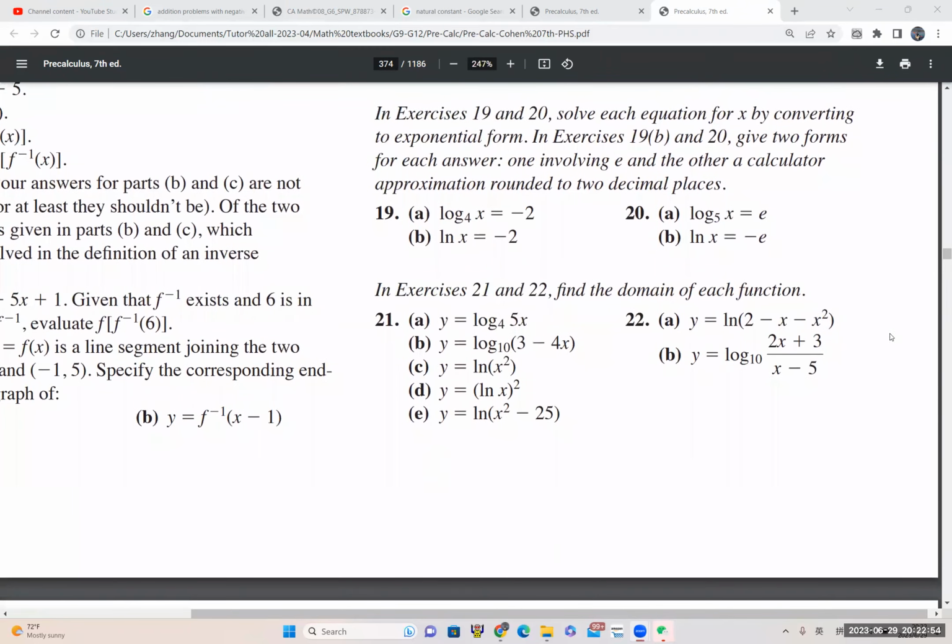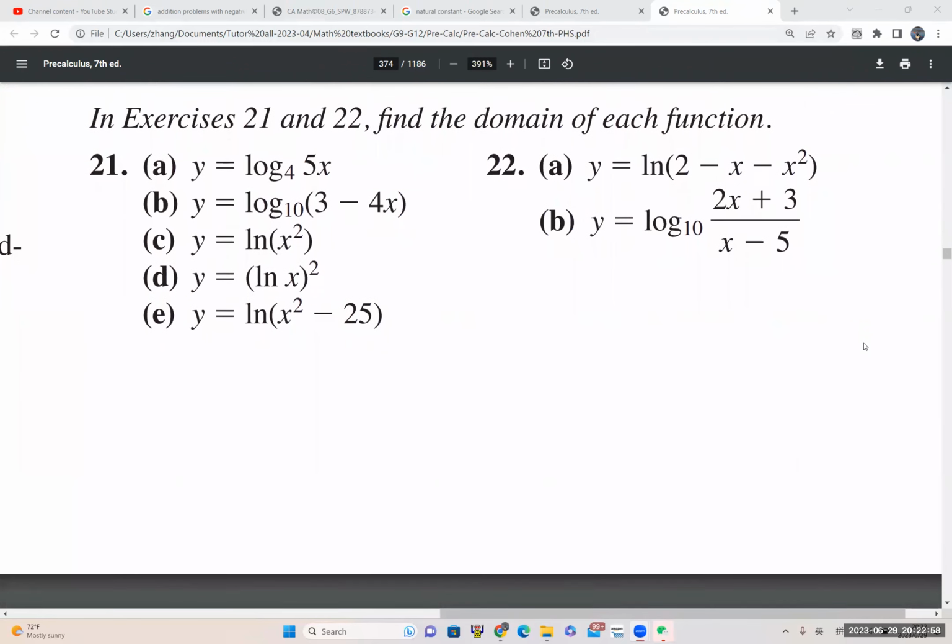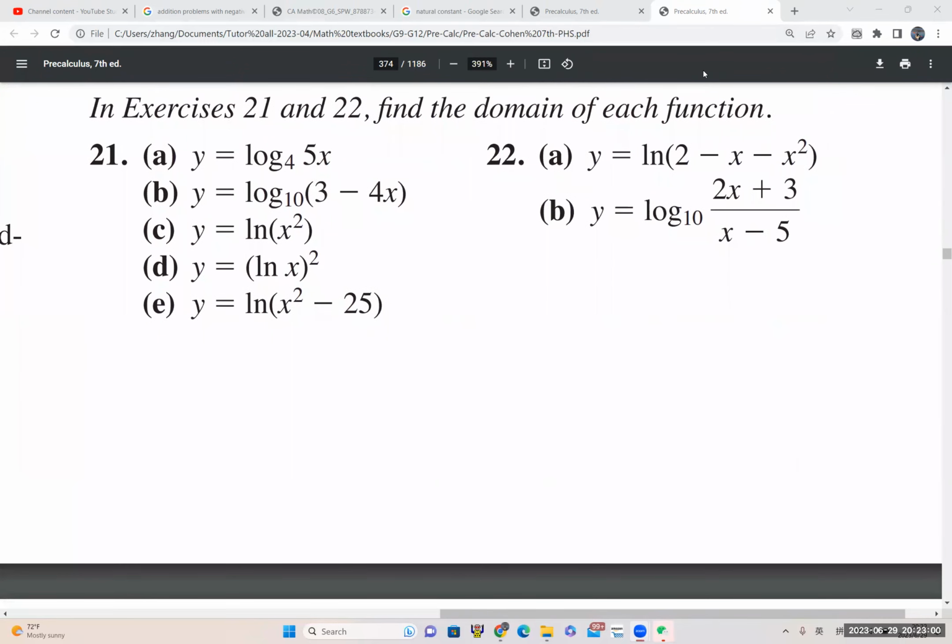Find the domain. Let's try. Ray, could you do part B? Let me find the one for Neil. How about E?